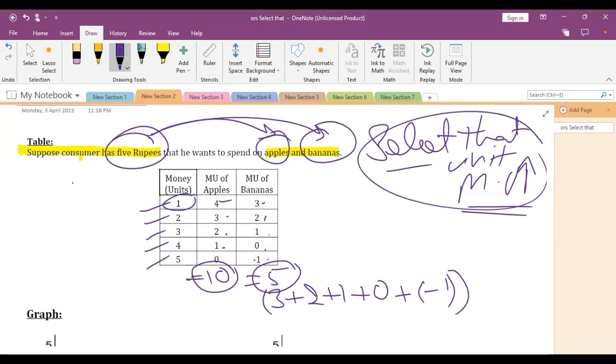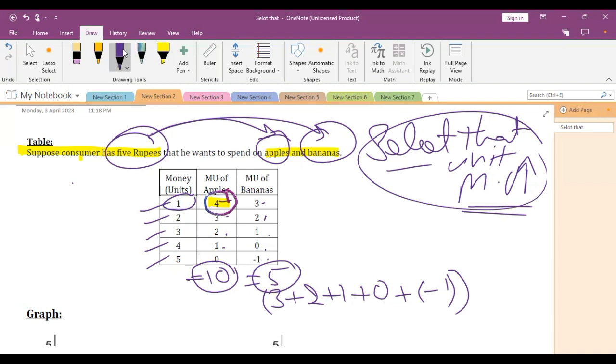At level 1, we are going to expend our first rupee. Apple gave us 4 units of utility, whereas bananas give 3 utility. So the consumer will select these 4 units of apple by consuming 1 rupee.